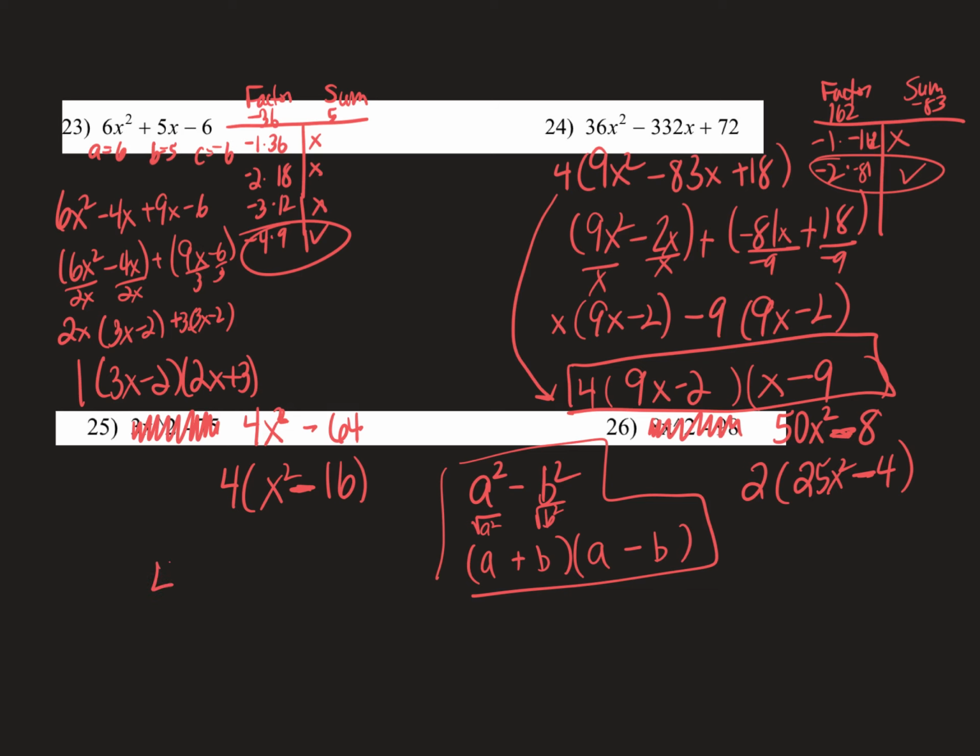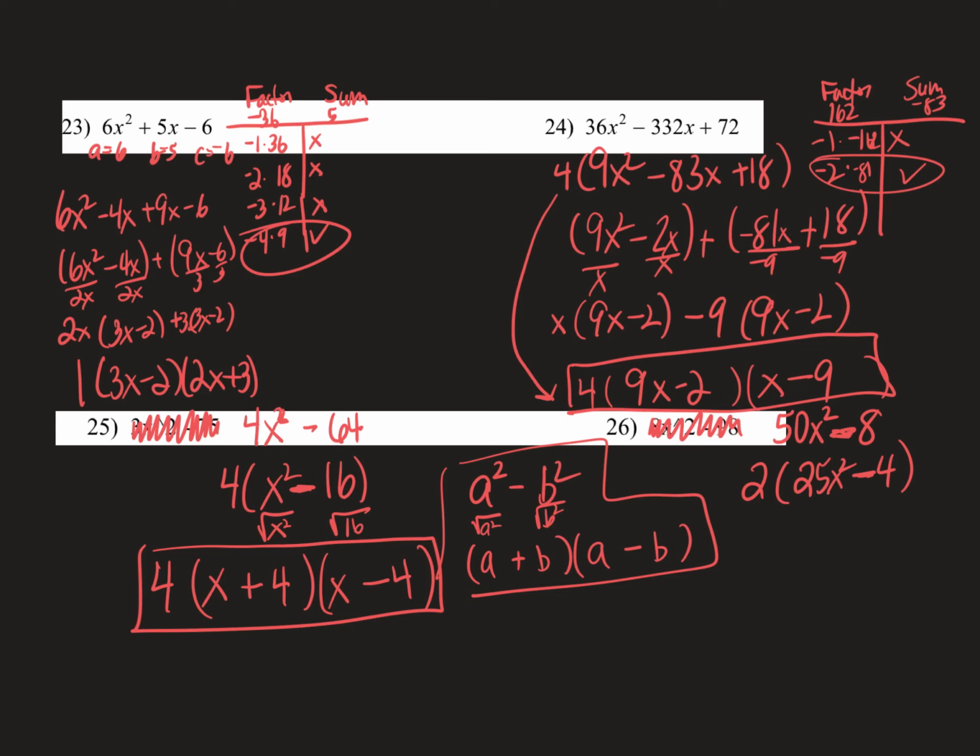Bring down your greatest common factor, two empty binomials, one with a plus, one with a minus. I do expect to see you taking the square root of x squared. That's x. And the square root of 16, that's 4. I know 4 is a perfect square, but x is not a perfect square, so that means this is my answer.